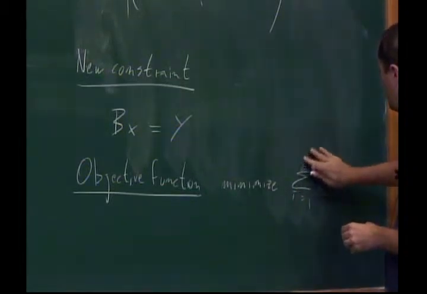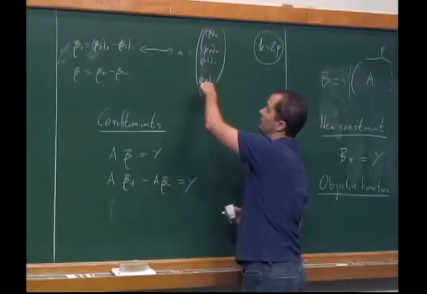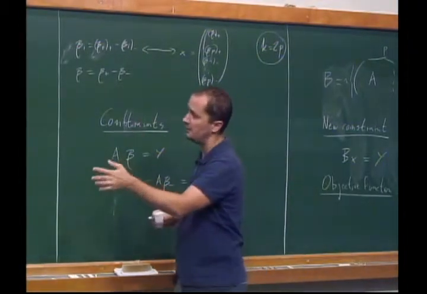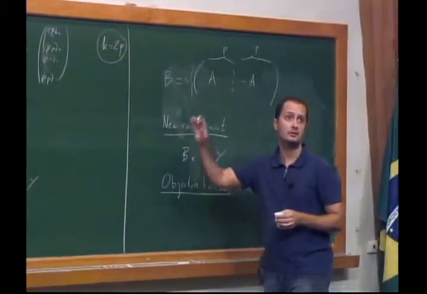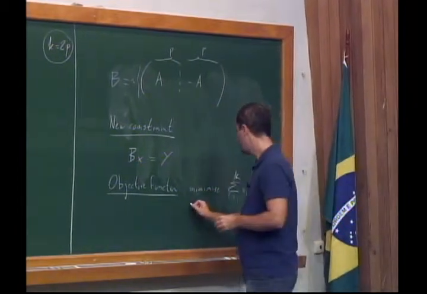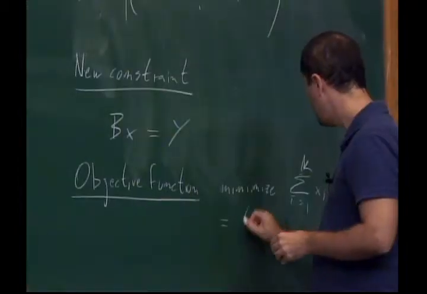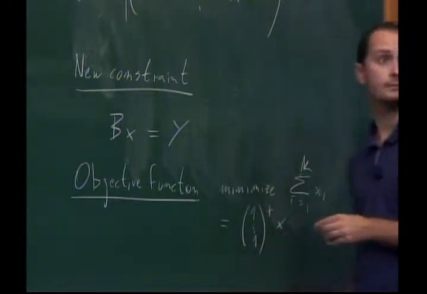Again, what I'm saying here is that if you look at the sum of the coordinates of x, you're going to get exactly the sum of the absolute values of the coordinates of beta under this transformation, right? And this you can write down as an inner product, right? It's the inner product of the all ones vector with x.